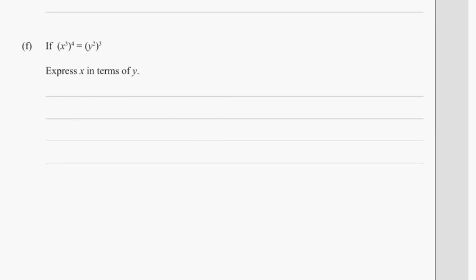Part F, x to the power of 12 equals y. Let's work that out. Express x, so we want x equals. I could write this as x to the 6 times x to the 6.